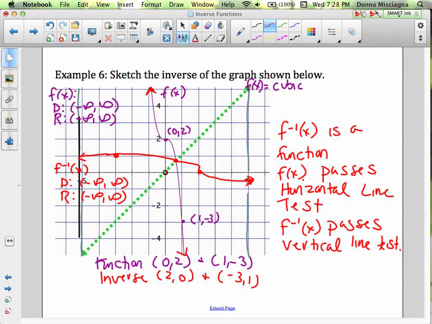Kind of like our linear graph. Let's look at the next one, domain and range. By the way, you might notice that f prime of x looks like some familiar graph. That's all I'll say.